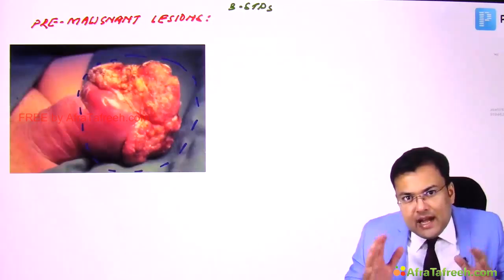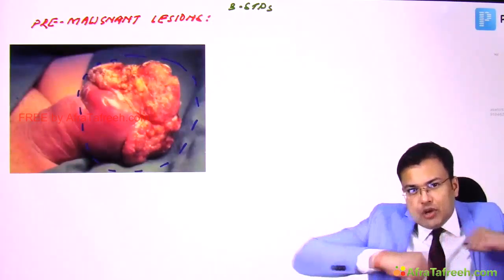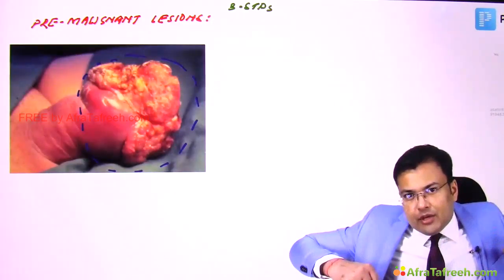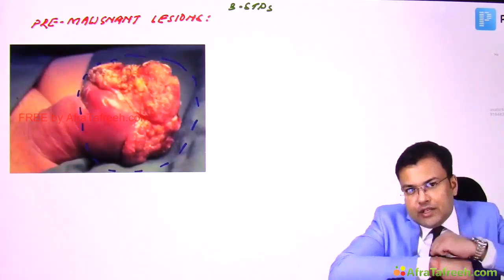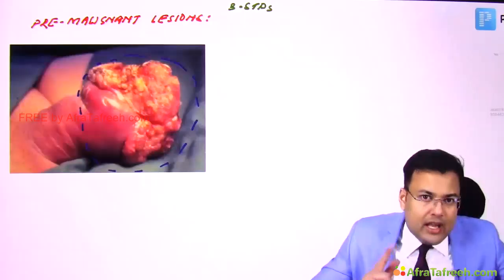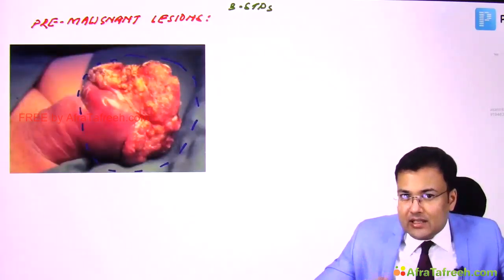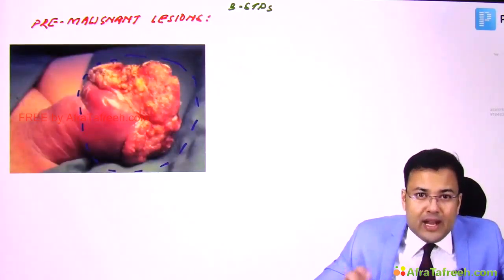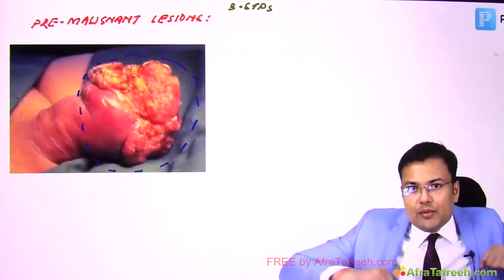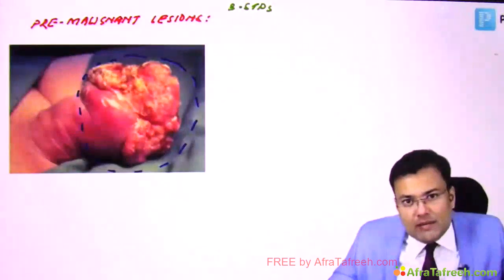Because of very high rate of growth, what happens? It is going to compress the surrounding tissue, and it destroys surrounding tissues not by invasion, but by compression. So that's why it's locally malignant.